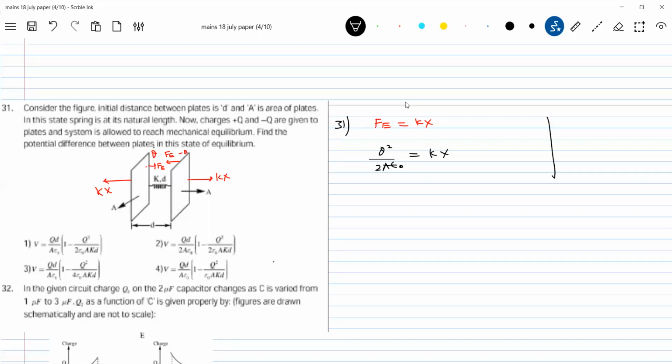Earlier it was equal to D, when the spring is at natural length. Now after giving charges, the separation between the plates will become D minus x. And the spring force will act like this.